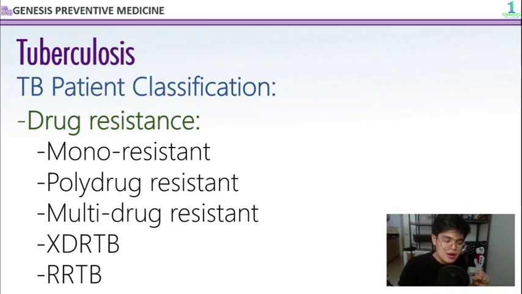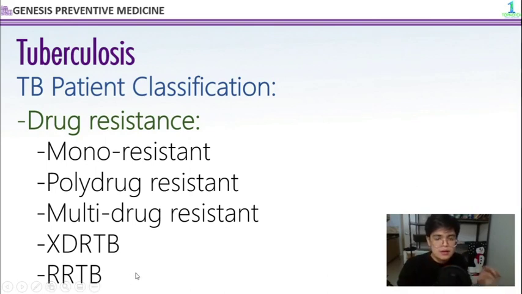Because if they are resistant to both isoniazid and rifampicin, they are now MDR-TB, multi-drug resistant TB. XDR-TB, on the other hand, means that in addition to being multi-drug resistant, they are resistant to fluoroquinolones and one of the many injectable drugs given for TB. So that's XDR-TB. And RR-TB in particular is rifampicin-resistant TB.